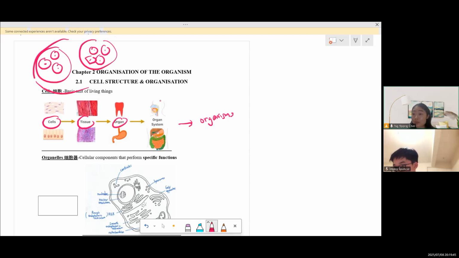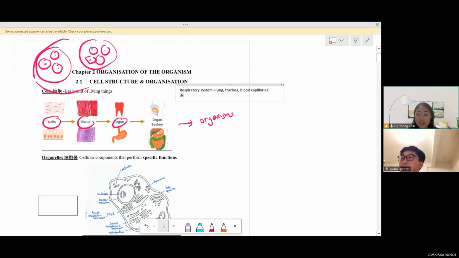For example, the system that you learned before is the respiratory system, which you'll be learning in this IGCSE biology, which includes your lungs, trachea, and also what? Blood capillaries, right?